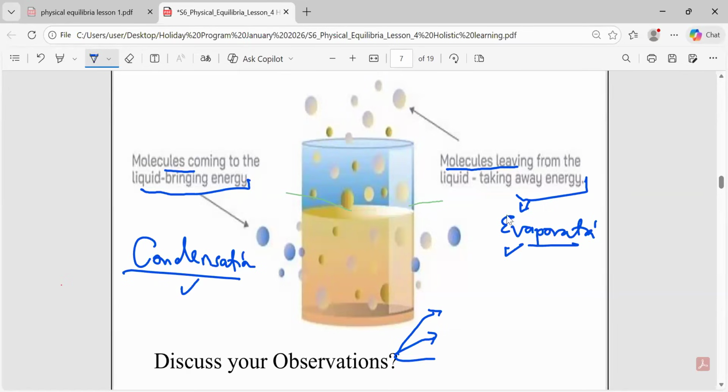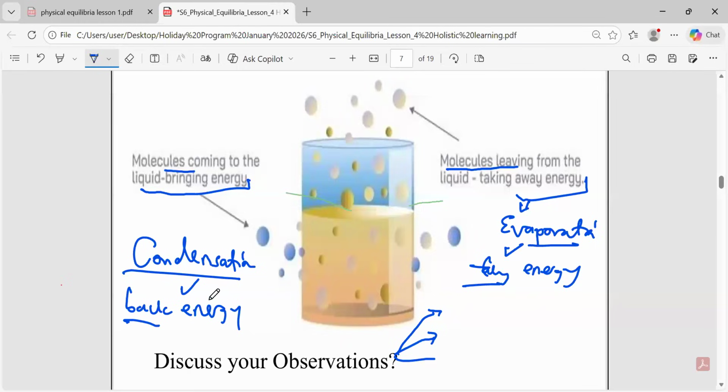Look at what they're telling us: molecules leaving the liquid take away the energy. Then the molecules coming back into the liquid bring back the energy. So what is being taken is being replaced by the condensation process.